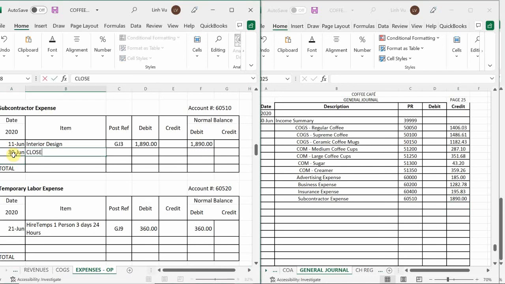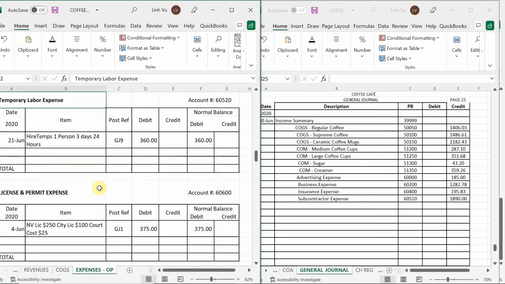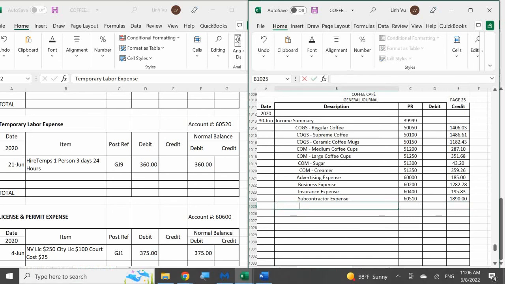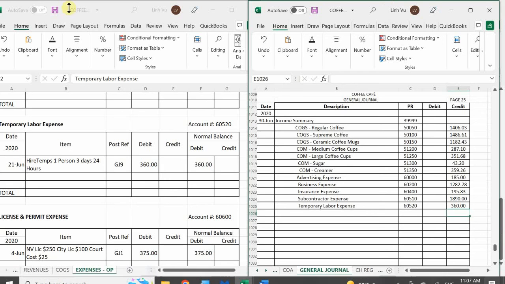Right, we've got to close this out. Which should give me my account balance to 0. Okay. I also have to close out my temporary work labor. Okay. Which was a total of $360.